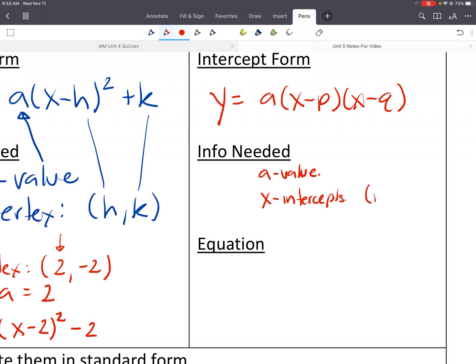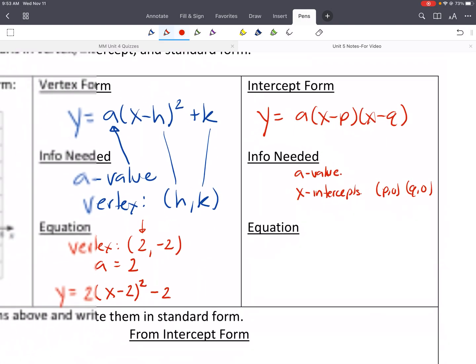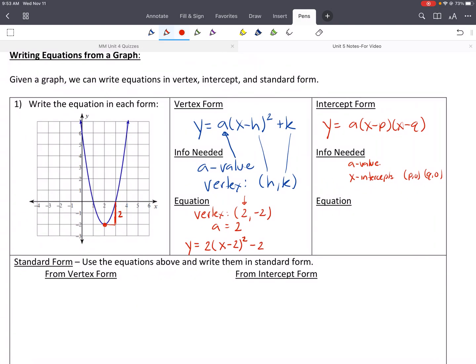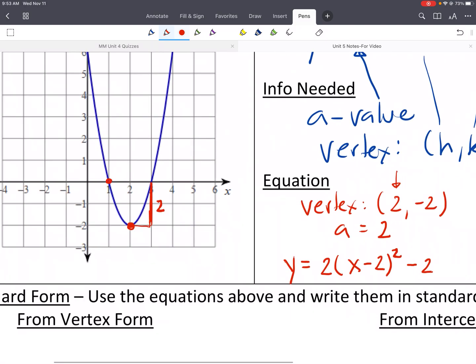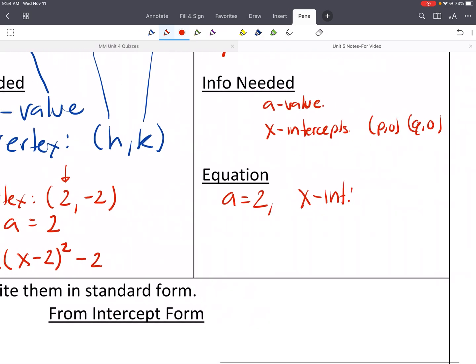Our p, 0 and our q, 0 would be our x-intercepts. So looking at this, again, we have a is equal to 2. And then we want to find the x-intercepts. Looking at this, our x-intercepts here would be 1, 0 and 3, 0.